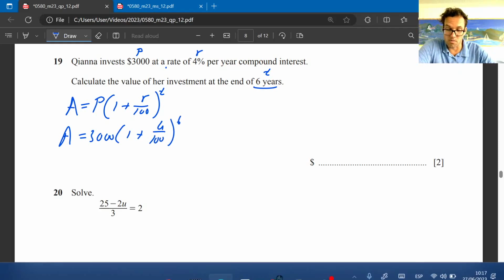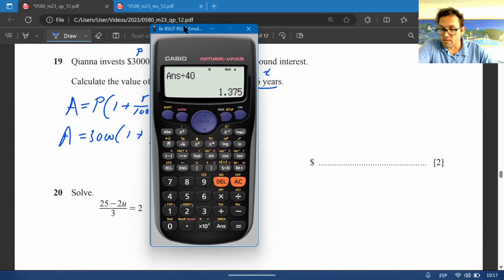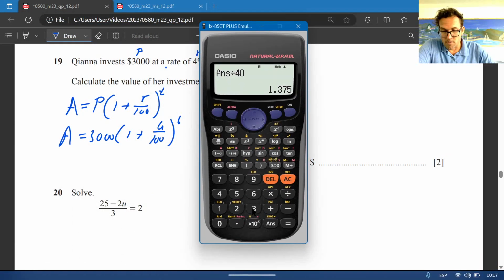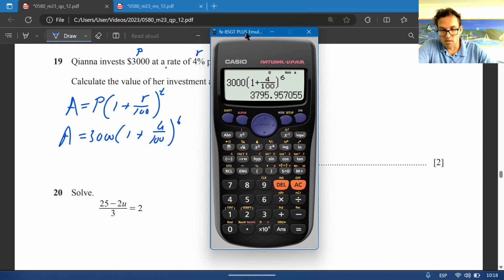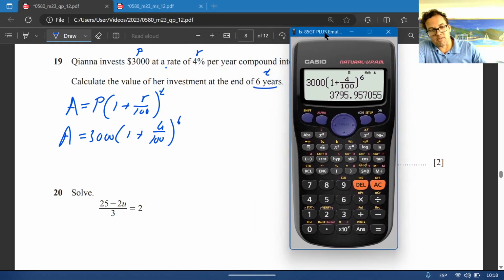That's the shortest way to do this. And let's do it. Nice. Look at the buttons I push. 3795.957.